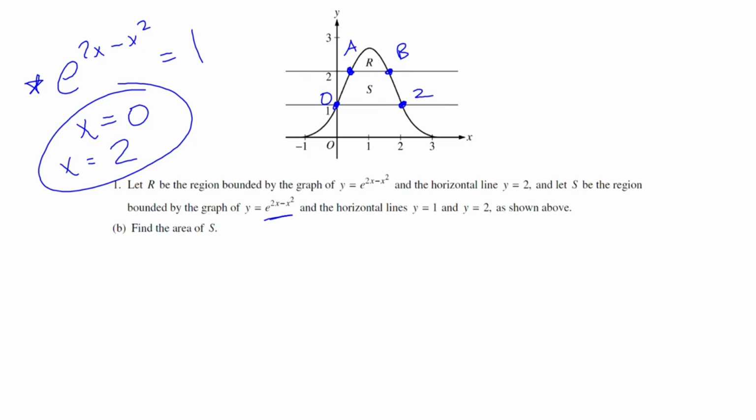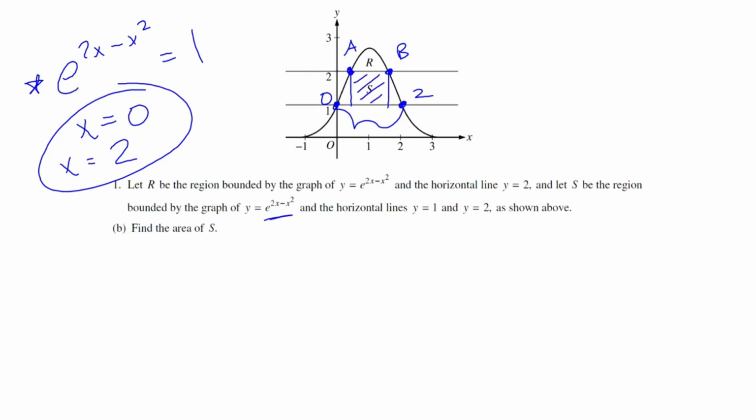And now we have to break this down into a couple of different little integrals, or we can just do the area from 0 to 2, do this whole area, and then subtract off our answer that we got for region R. Now, the other option is to separate it into this little chunk and then this chunk here in the middle.